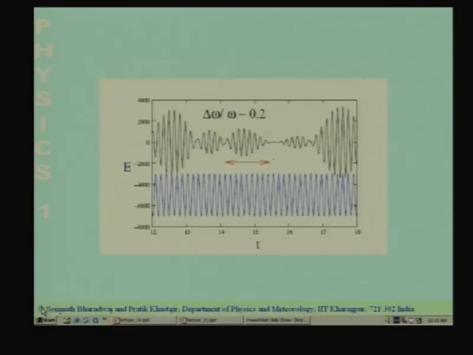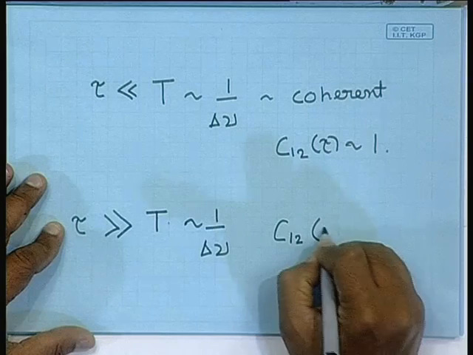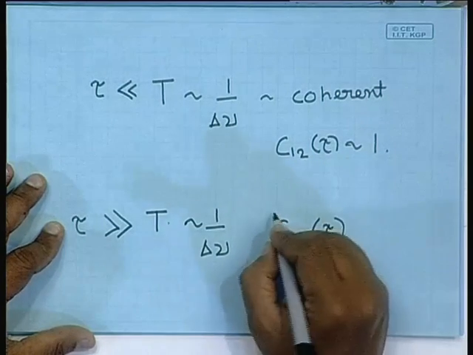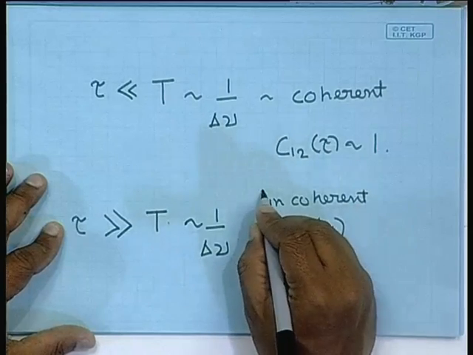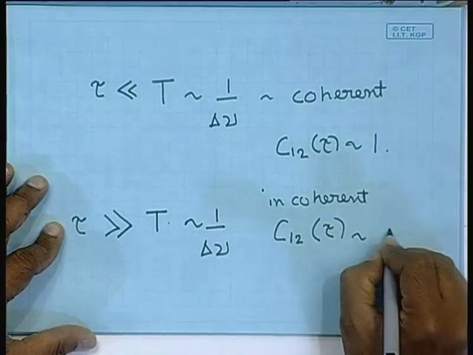If I give a time delay which is, let us say, this much, and multiply these two waves and then take the time average, what do we expect? The amplitude and the phase have changed considerably by the time you reach from here to here. So what you expect is that the two waves should be incoherent, and this number is going to be close to 0.